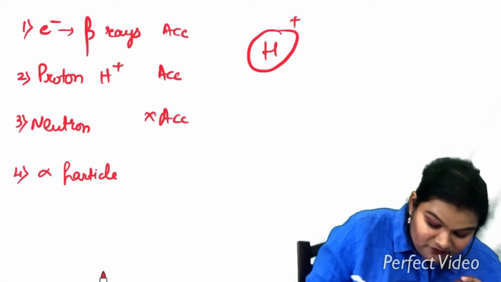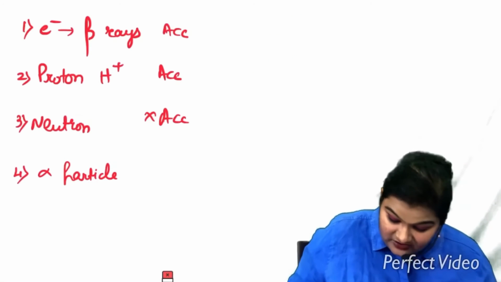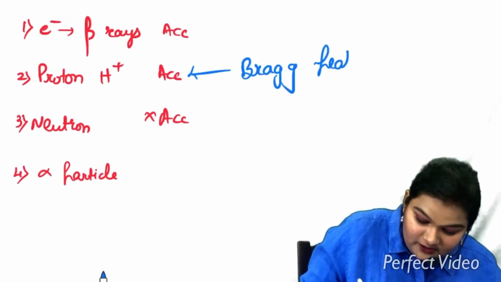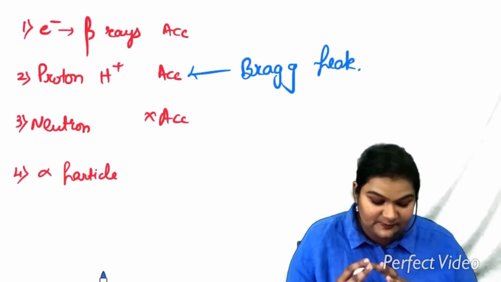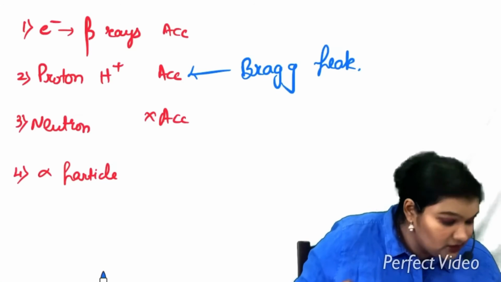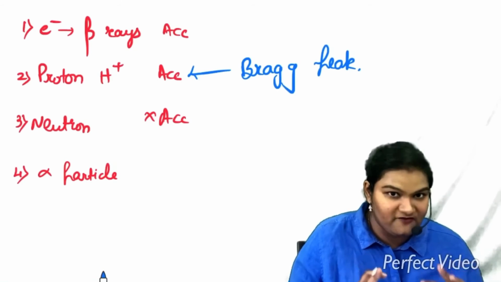It is hydrogen with one positive charge, and it exhibits Bragg's peak. This is a frequently asked MCQ. Just keep this in mind. They ask which of the following exhibits Bragg's peak. Those are protons. Then we are left with neutrons. They do not accelerate and they do not have any charge.